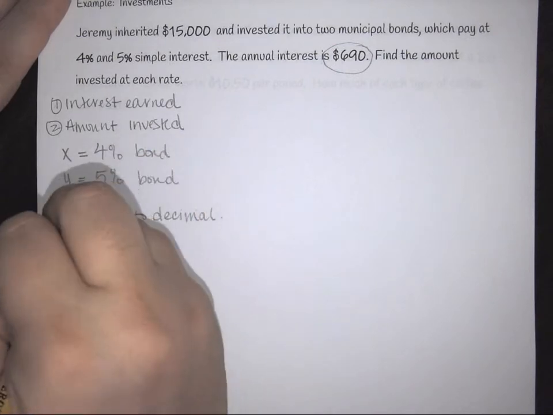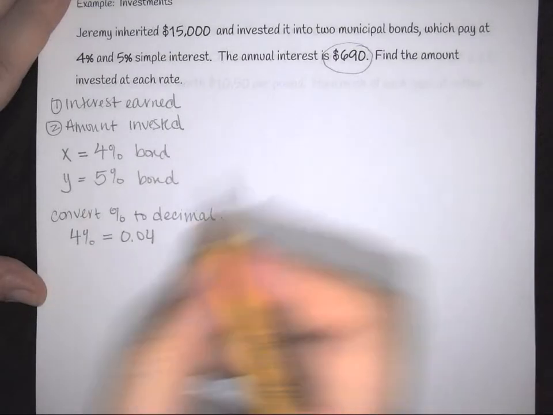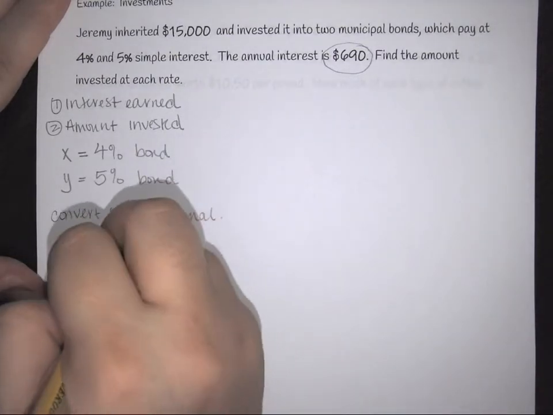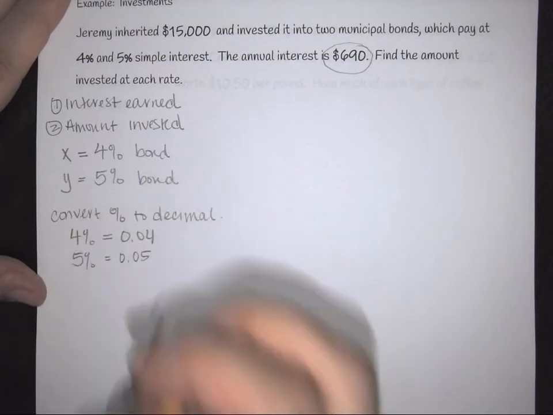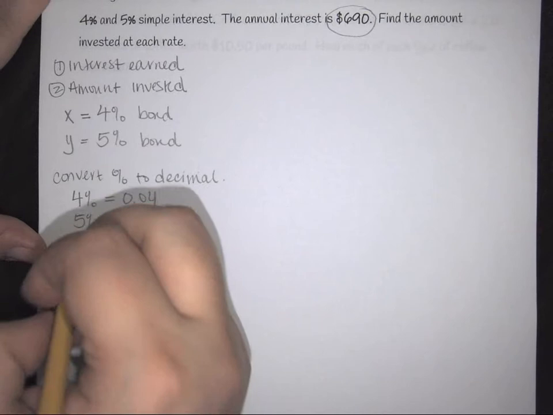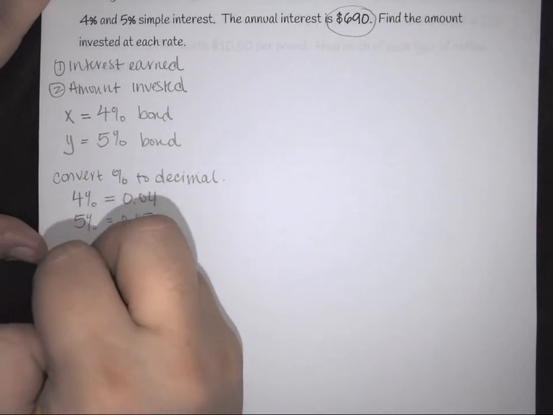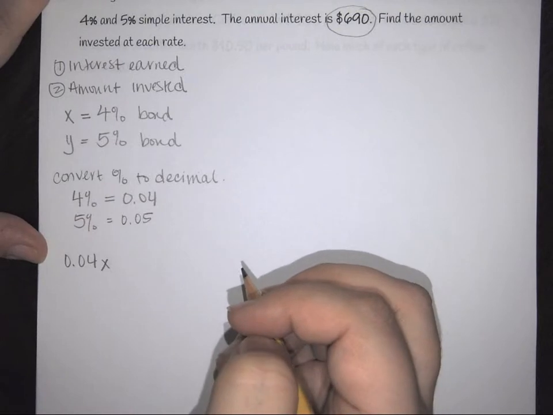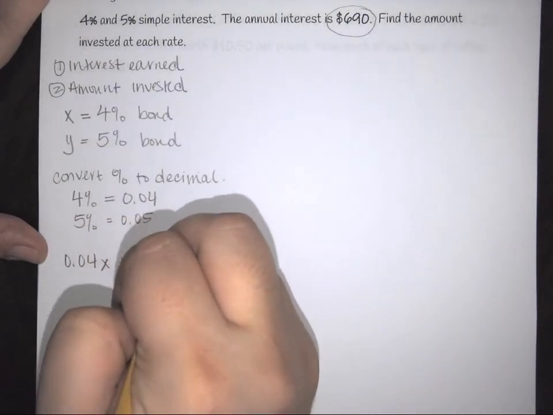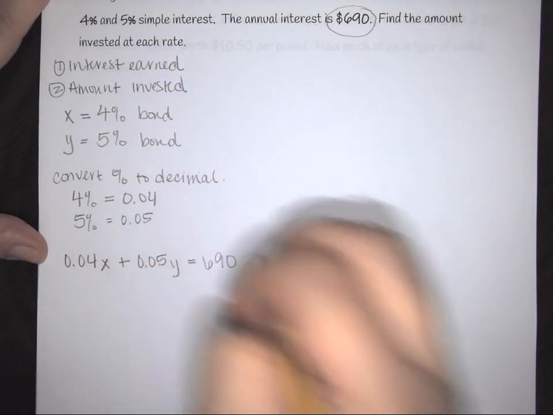So 4% is the same as 0.04, and 5% is the same as 0.05. So here, what do we know? I know that 0.04 of my X investment plus 0.05 of my Y investment has to earn me $690 total.